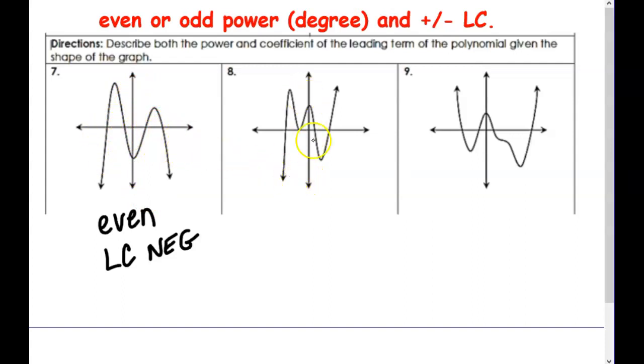All right. Ends are going opposite directions. What does that tell us? Odd power. Odd degree is what they want us to say, I guess. But, oh, they said power up there. Whatever. Normally a cubic does this when it's positive, so left end down, right end up means this one is positive.